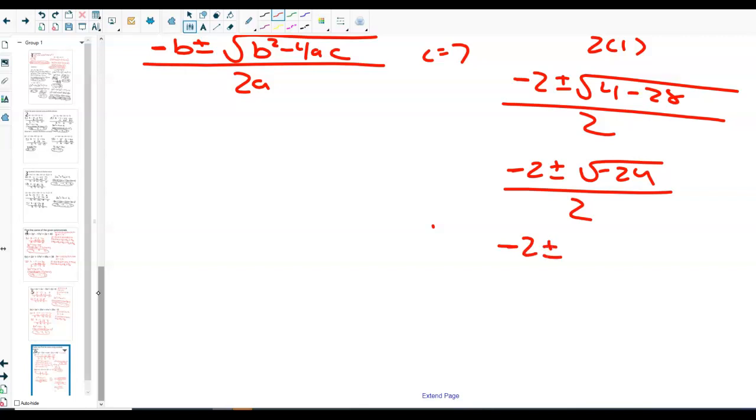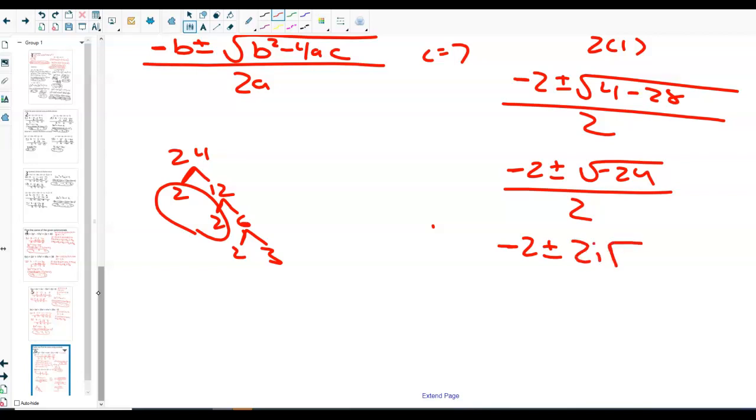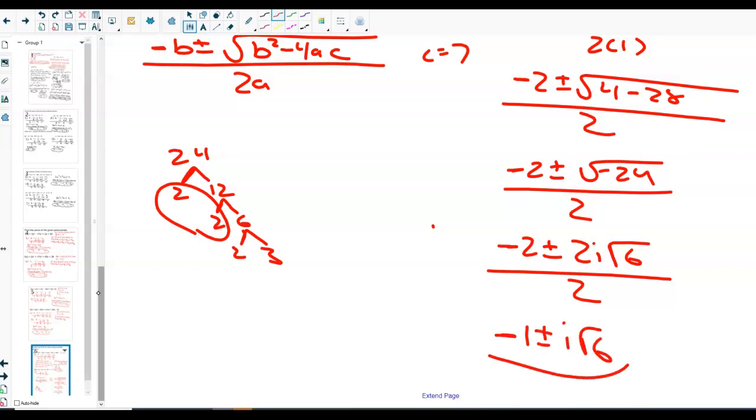The 24 simplifies. We have a pair of 2's on the outside: 2i root 6 over 2. And then we get negative 1 plus or minus i root 6.